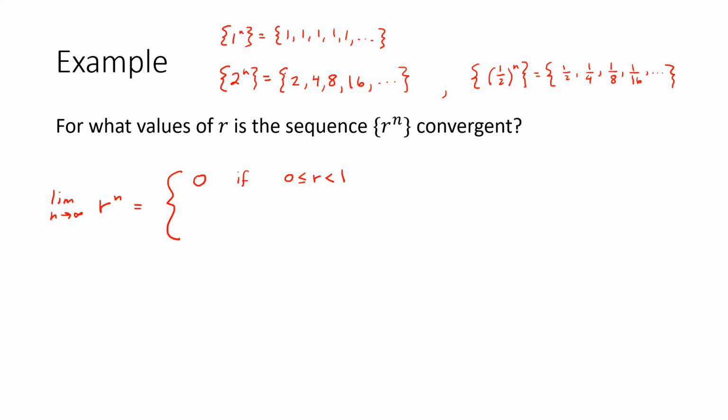If r is equal to 1, it's just going to be 1. Or like what we saw here, if r is greater than 1, the terms are just going to get bigger and bigger. They're going to grow unbounded, so it'll go to infinity.